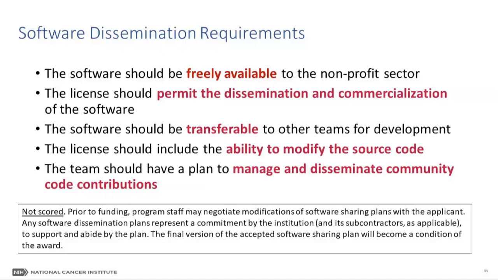Prior to funding, program staff do review the software dissemination plans and may negotiate modifications so that the plans align with these requirements. And these software dissemination plans do represent a commitment by the institution to support and abide by the plan, and the final version of the software sharing plan becomes a condition of the award.